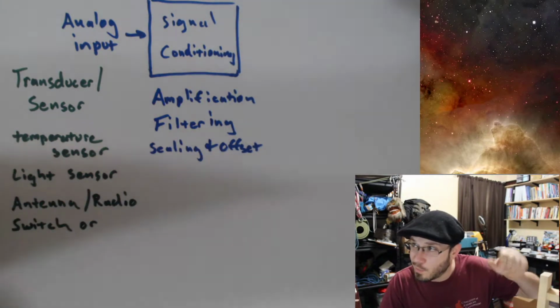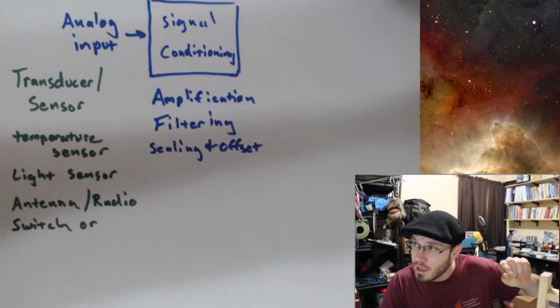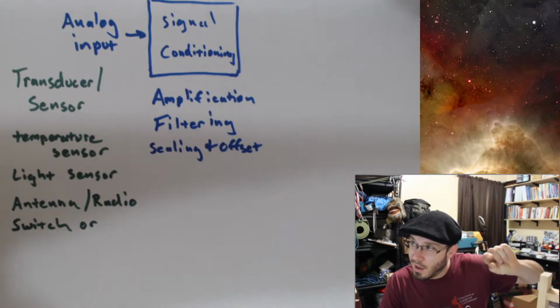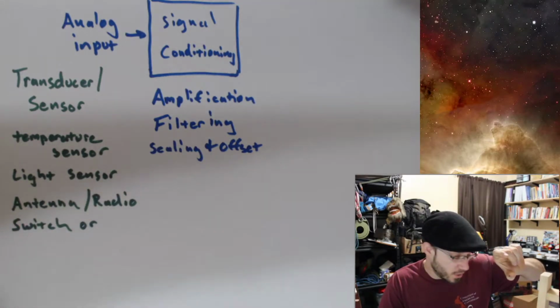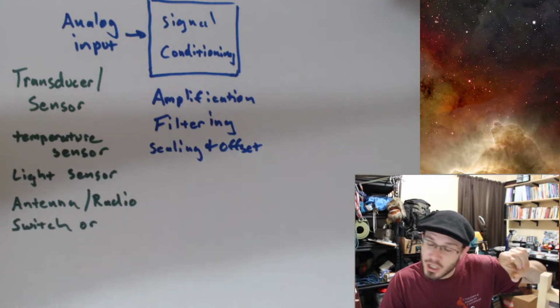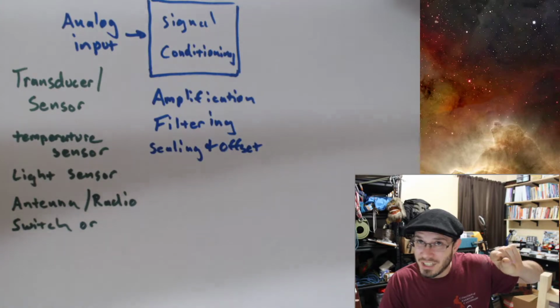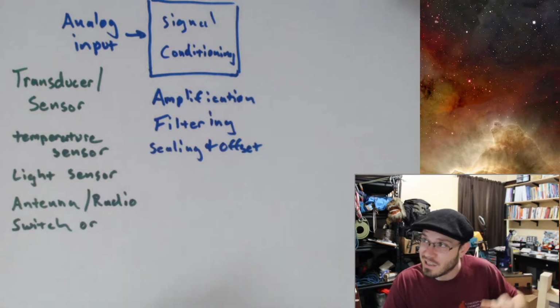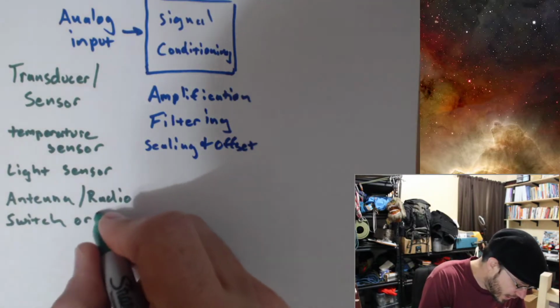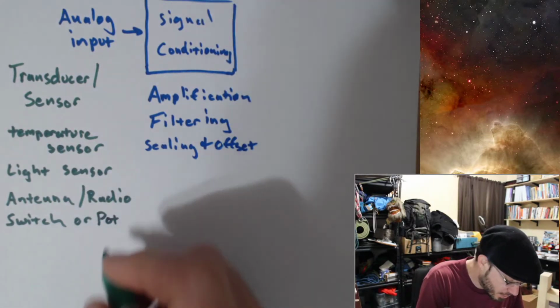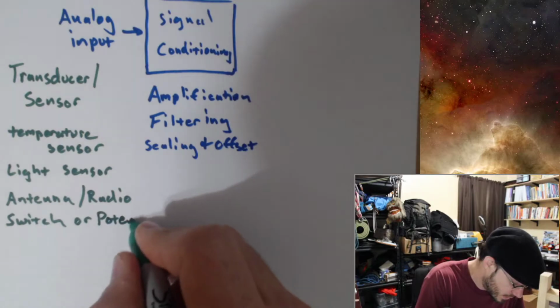Or an adjustable potentiometer. You want to be able to raise your volume up or down. So you want to be able to measure some rotary change that a user has in an input. So maybe like a potentiometer, an adjustable resistance.